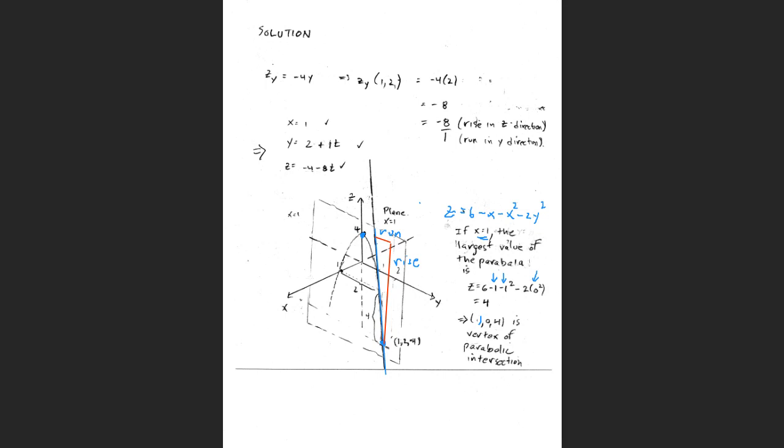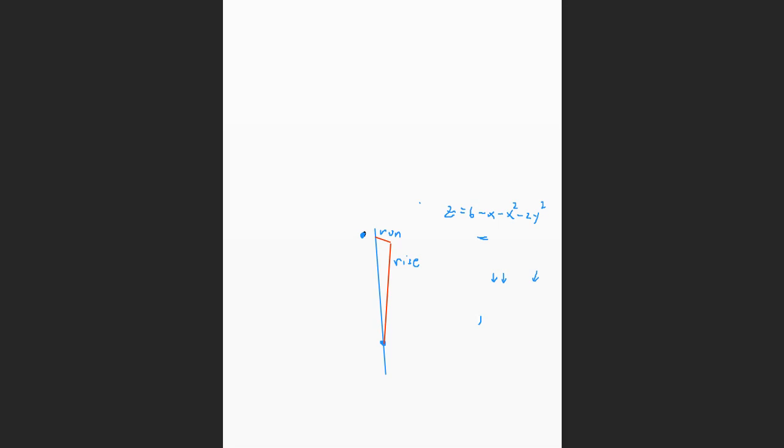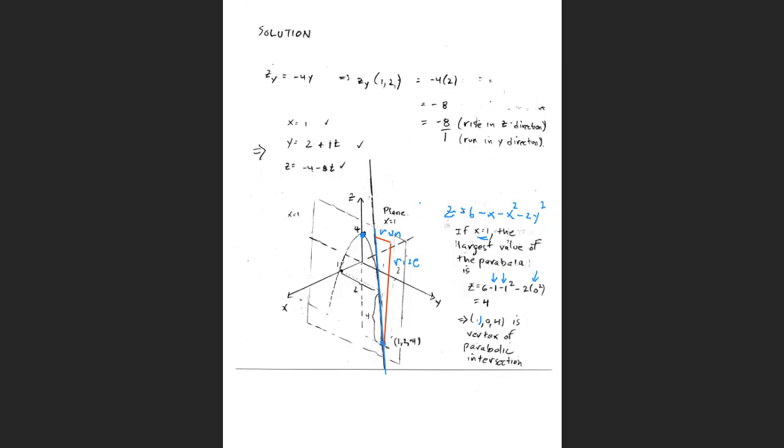If you think about it, this almost looks like you're going down 8, because you got 4 here down to -4 here. So that's going down 8.